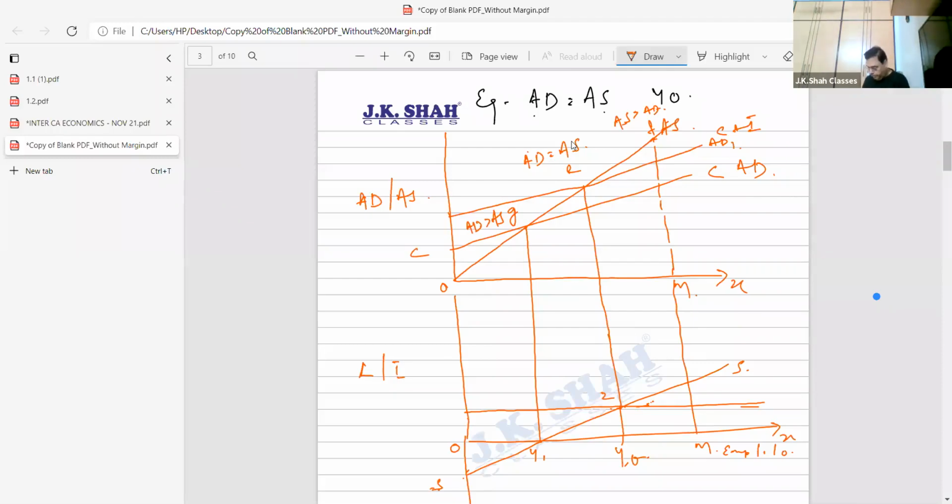First, equilibrium is achieved when the household plan coincides with the producer's plan.